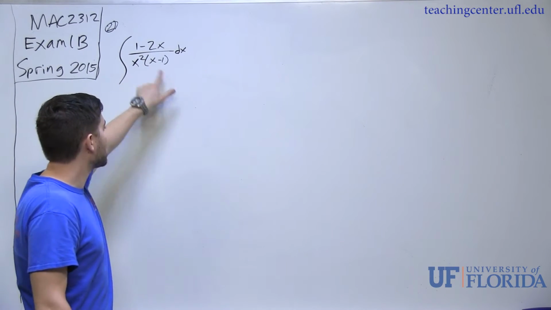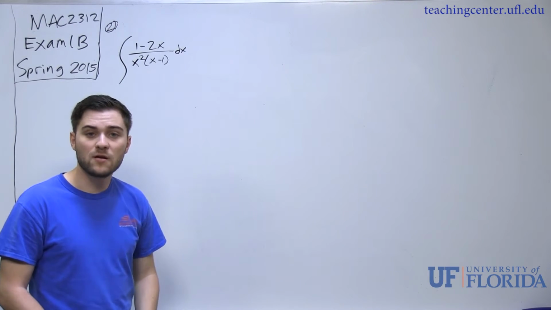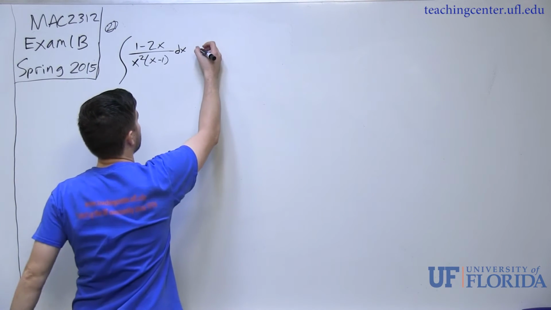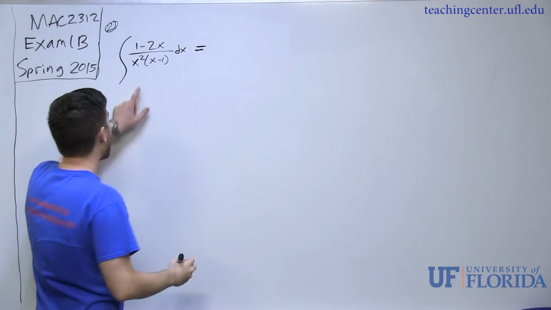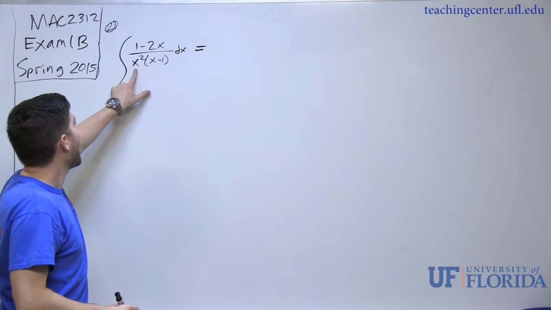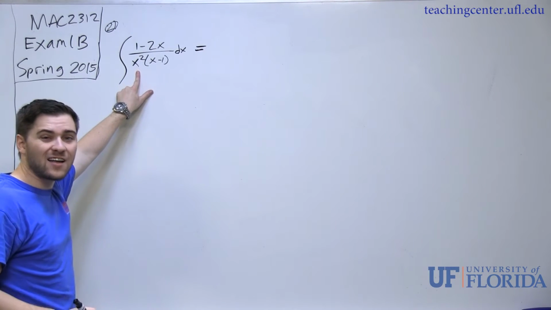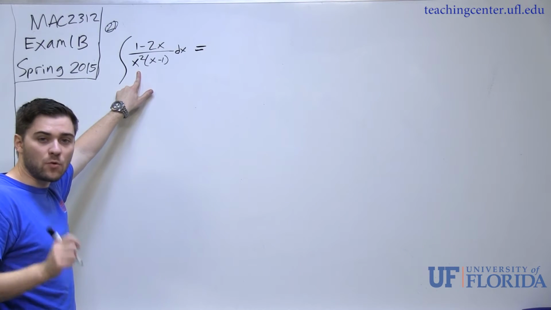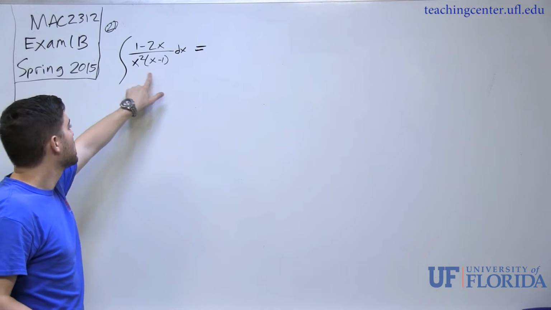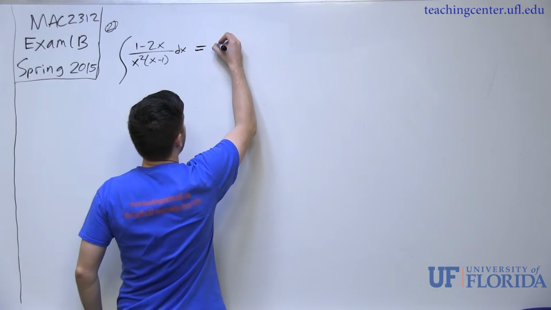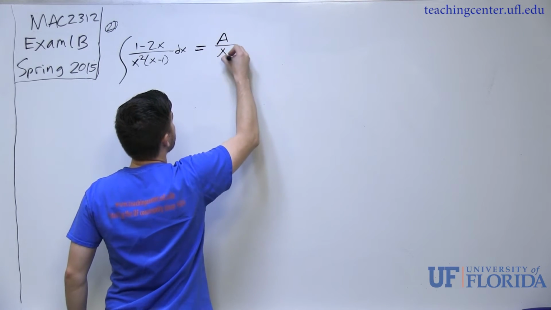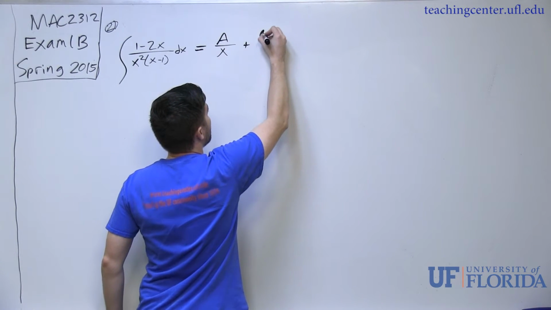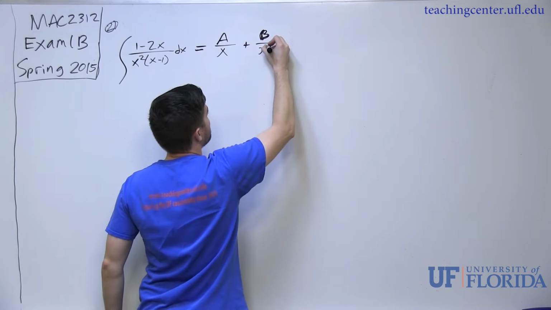So I'm going to go ahead and write out the partial fraction split for this problem and see how it works. So I have x squared times x minus 1. X squared is not a polynomial term, it's a repeated linear root. So that means when I write this out, I have to write it as a over x plus b over x squared.